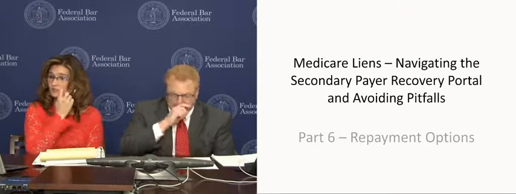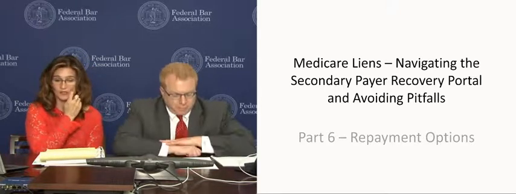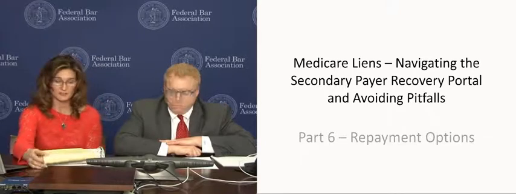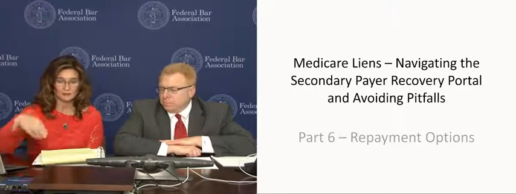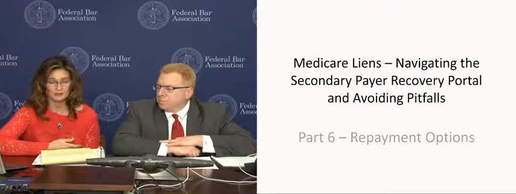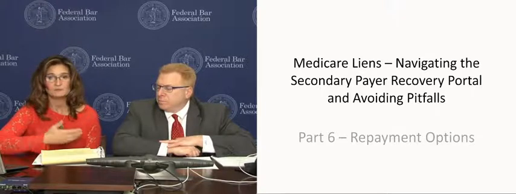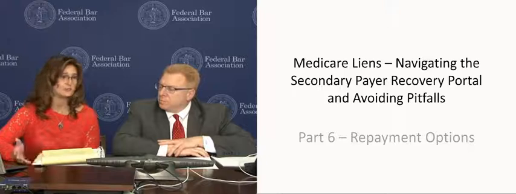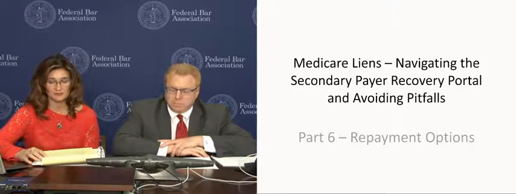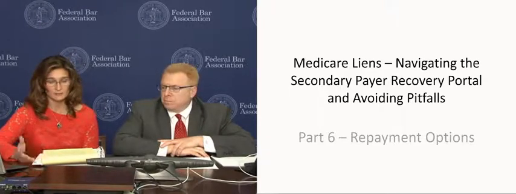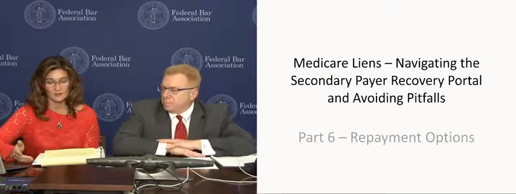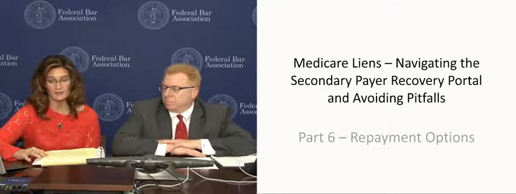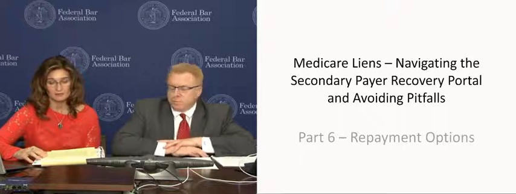All right. So now we're going to move into our section on repayment options. What I wanted to be able to help you with here is, how do you actually figure out how much Medicare is really going to have to be repaid? You've got a conditional payment letter, there's attorney's fees, everything's kind of fluid, but you've got your CPL, which only includes things that are actually related to your accident, so nothing on it is going to change.